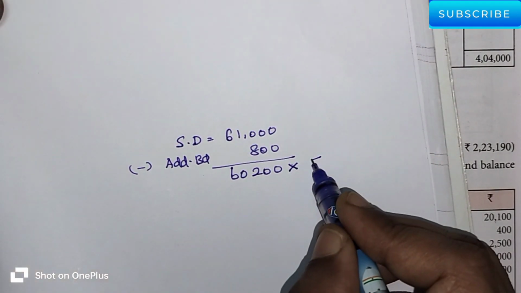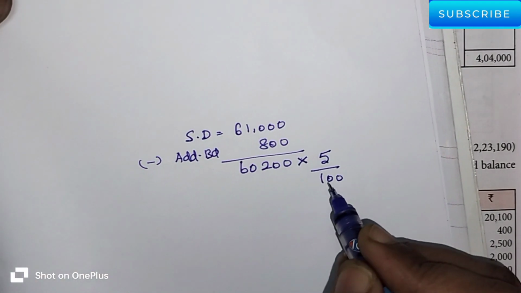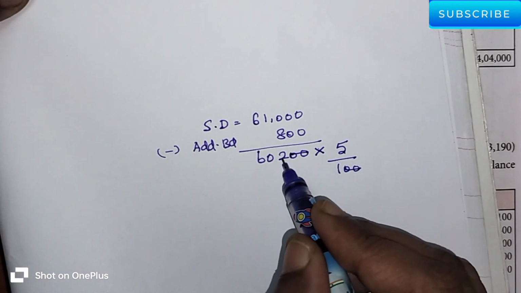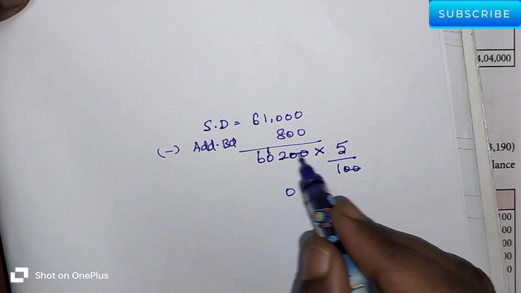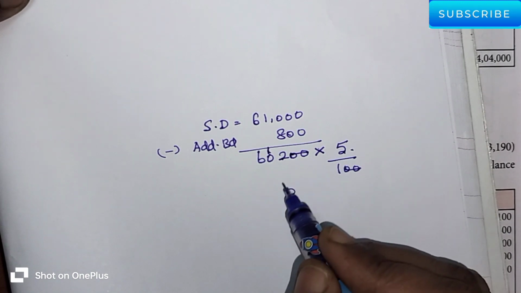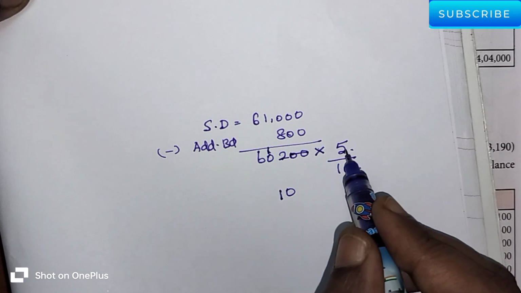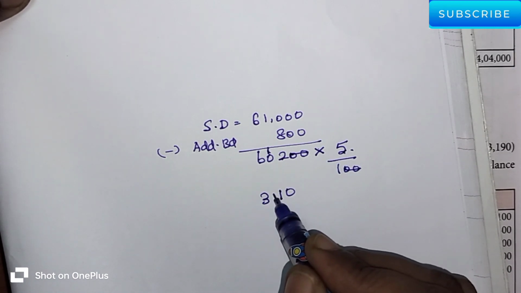So 5% on doubtful debts means this 20 is to be cancelled here. 5 2s are 10, remaining 1, 5 1s are 5. 5 6s are 30.